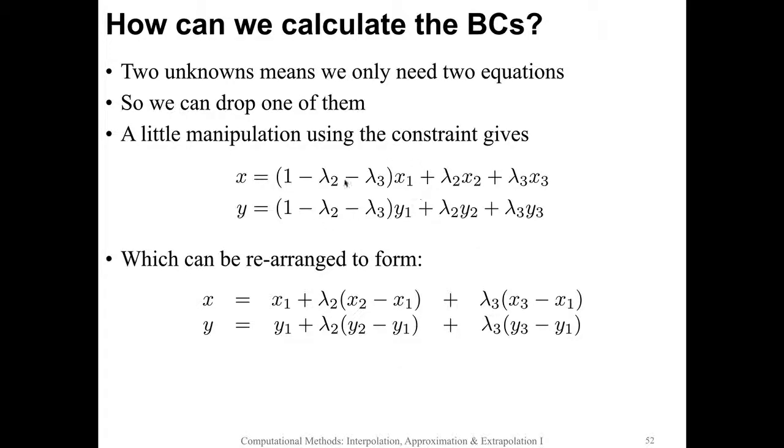And we can take all of these and rearrange them one more time. So if we expand this bracket and collect together all the terms in lambda 2 and lambda 3, we can write it out in this form. x y is equal to x1, y1 plus some lambda 2's multiplied by a difference and some lambda 3's multiplied by some differences. This is just straightforward manipulation to get to this stage.